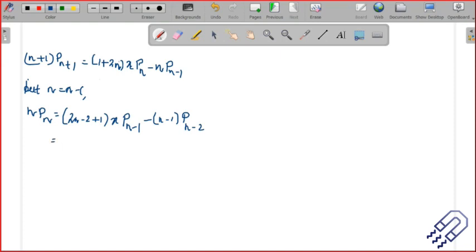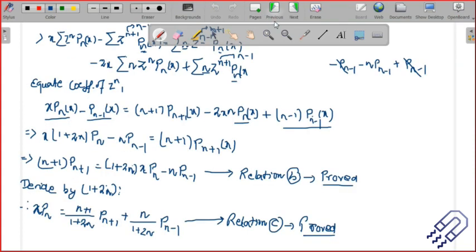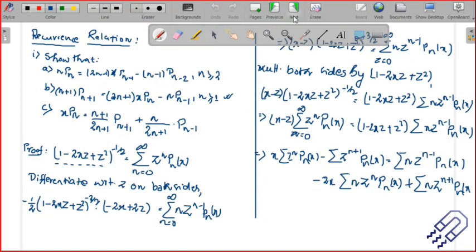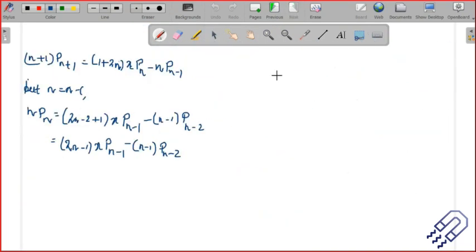So if we do it, this would be nothing but 2n minus 1 x pn minus 1 minus n minus 1 pn minus 2. Okay, frankly I don't remember what was the relation A, but I think this is correct. Okay, let's see. Yeah, so npn equals 2n minus 1 x pn minus 1 minus n minus 1 pn minus 2. That's correct. Okay, so this is your relation A proof.